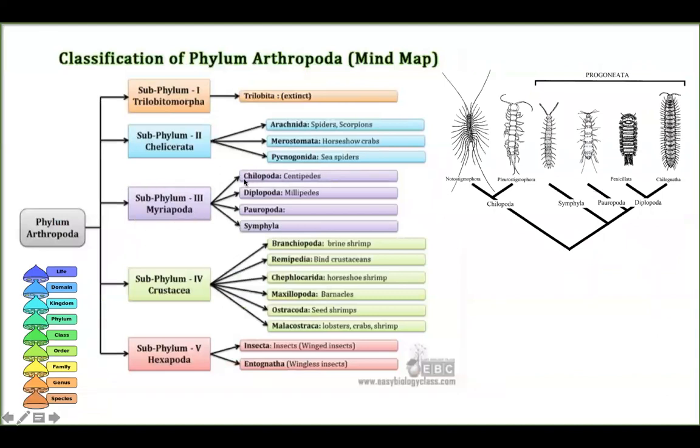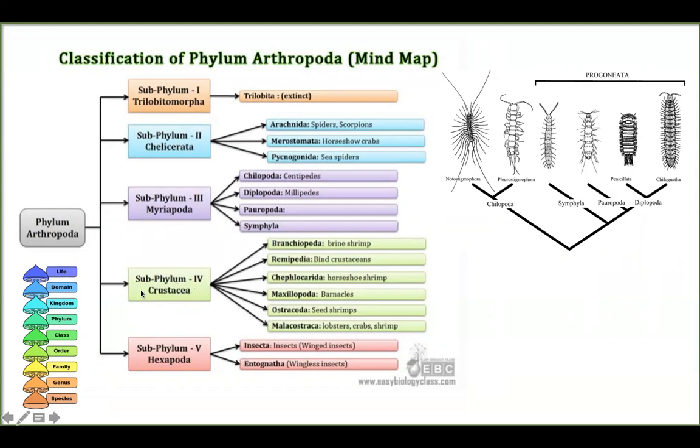It has the class Chilopoda, example centipede; Diplopoda, millipede; and Pauropoda and Symphyla. Here you can see the different types of centipede, then the Diplopoda example, and then Symphyla and Pauropoda. So these are examples of subphylum Myriapoda.